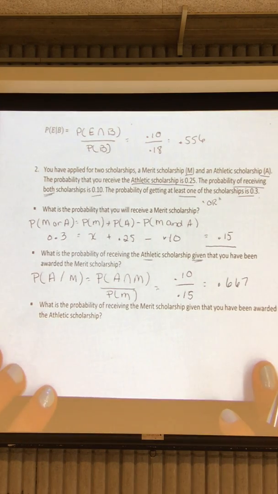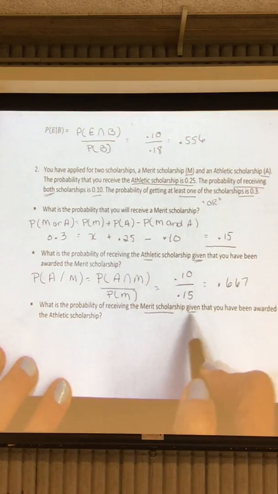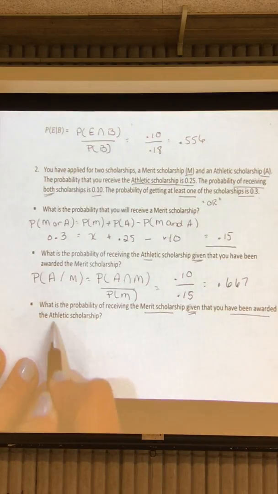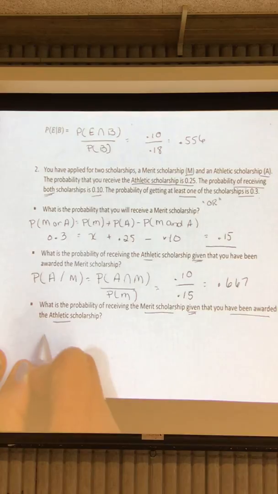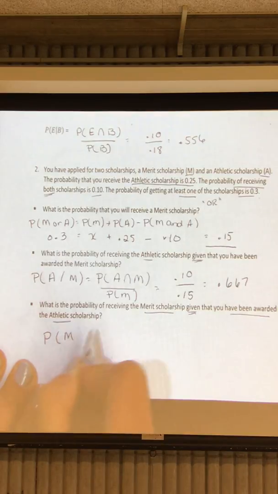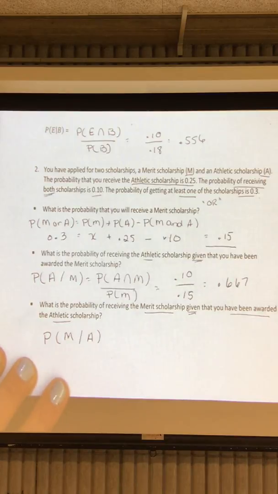And the next problem, what is the probability of receiving a merit scholarship given that you have been awarded an athletic scholarship? So what is the probability that it is merit given that you have been awarded athletic?